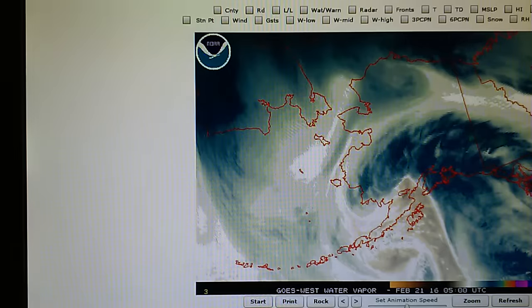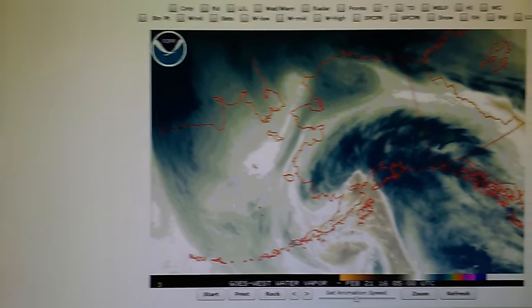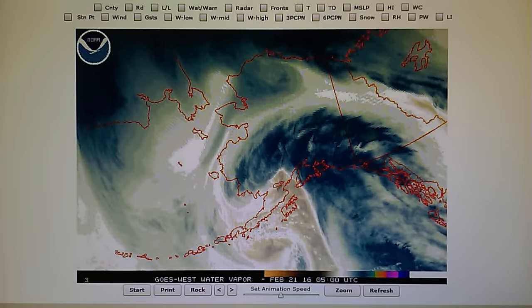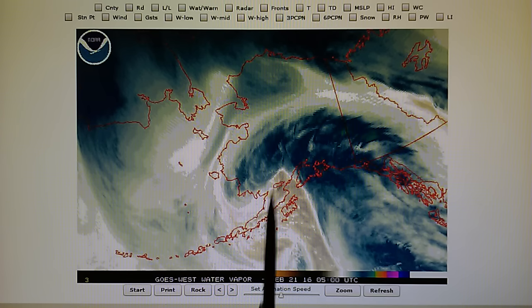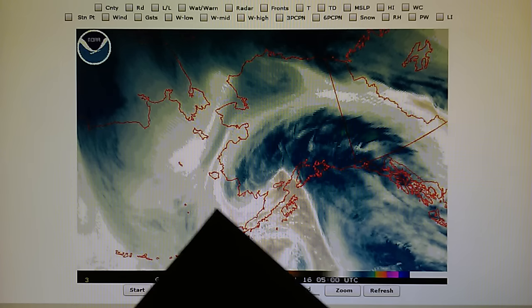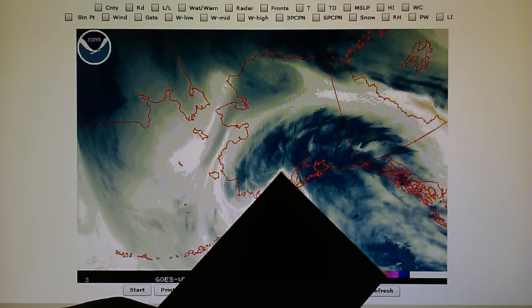Okay, next is Alaska. Now I wanted to show there is a right angle being formed. We'll take a look at this, and right here we got a right angle, and we can take an envelope. There we go. Right here, that is a perfect right triangle.